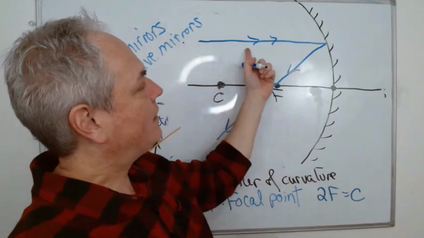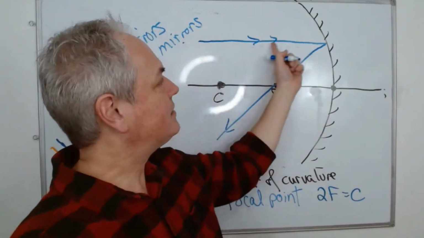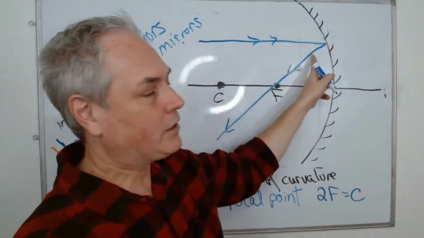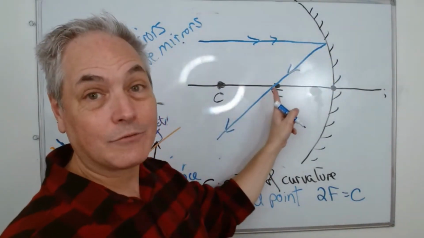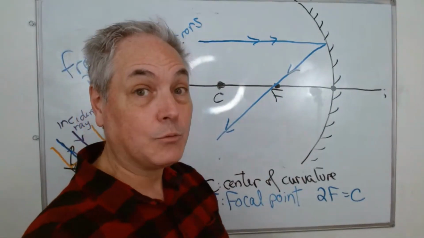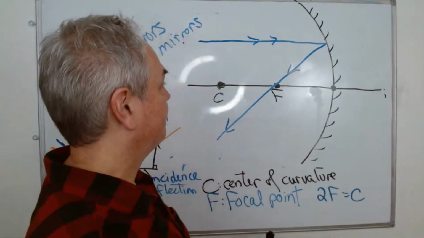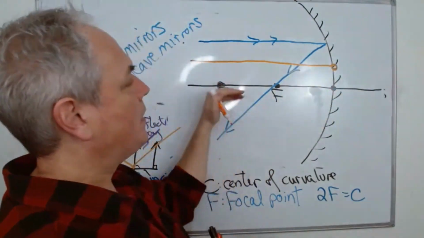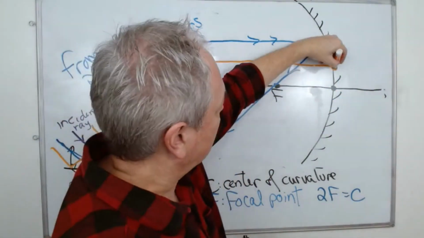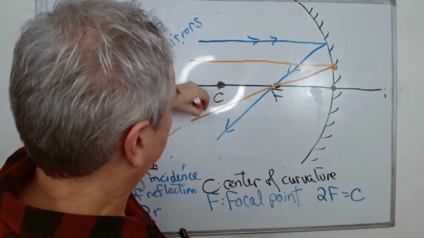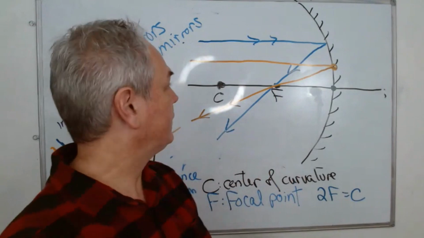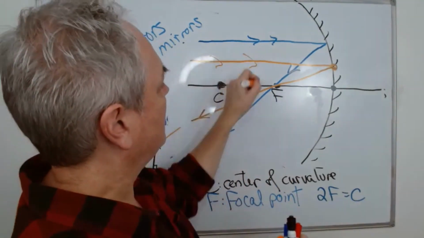We have the incident ray here, reflected ray here. We don't need to worry about what's going on here, but we know that the ray would have to go through the focal point, and we explained that already. If I have a ray that is like this, parallel to the principal axis, it will be going through the focal point like this. Perfect.